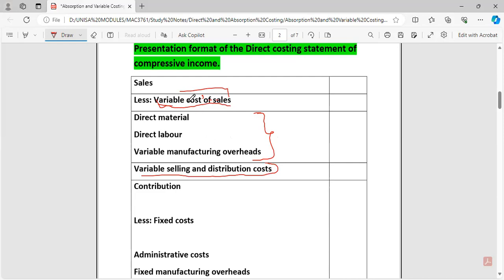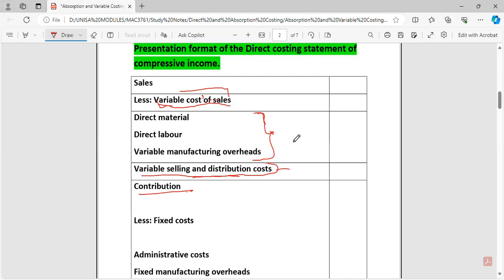So if you say less variable cost of sale, then it means we are looking at this manufacturing cost. Those are the cost of sale. But if you say less variable cost, then you now include the non-manufacturing variables like distribution cost, variable selling cost. Then you will now arrive at the contribution.